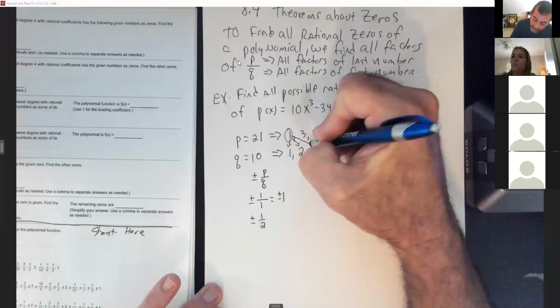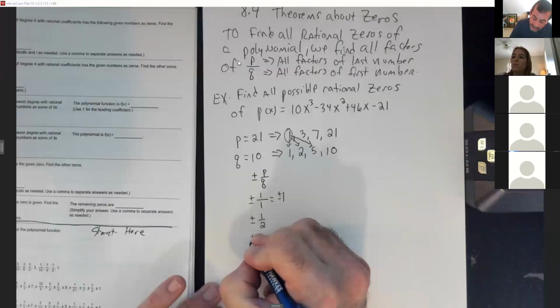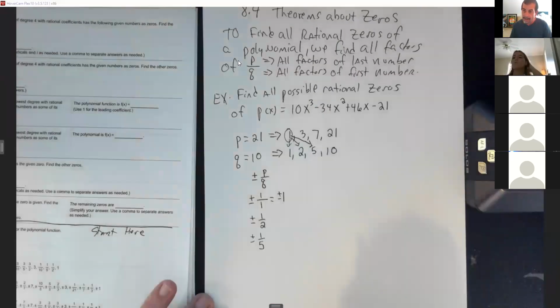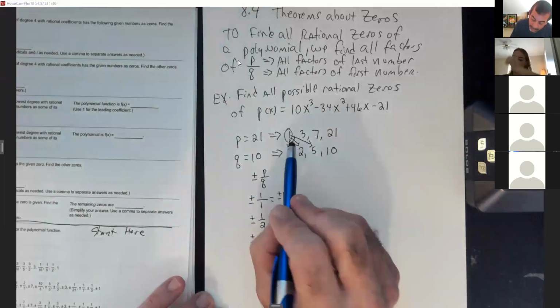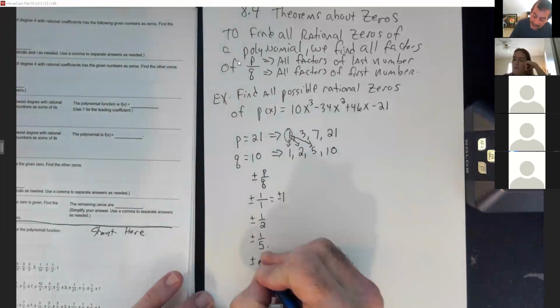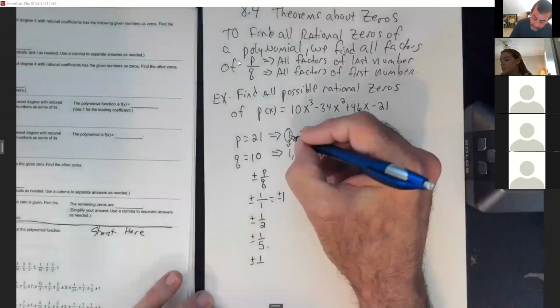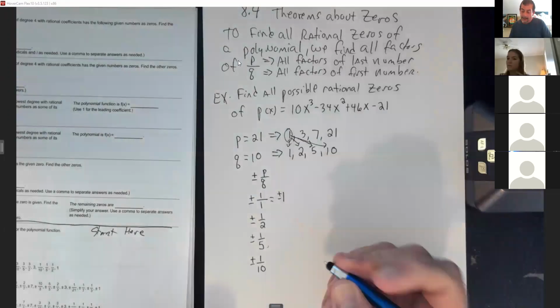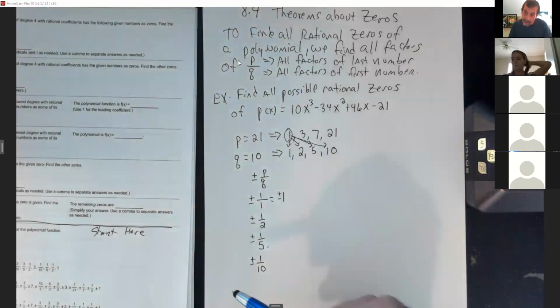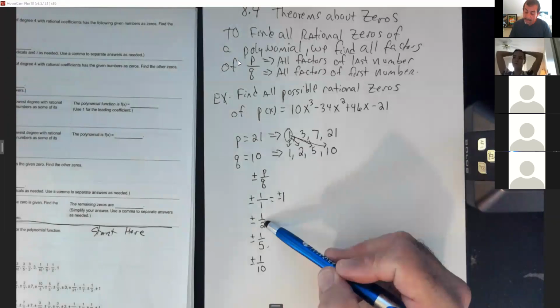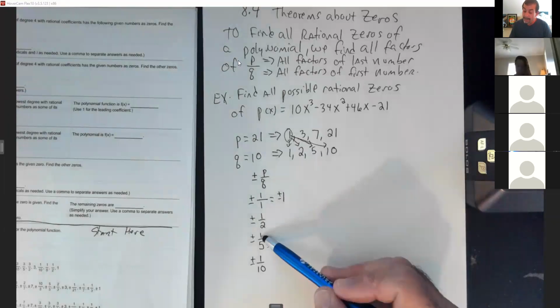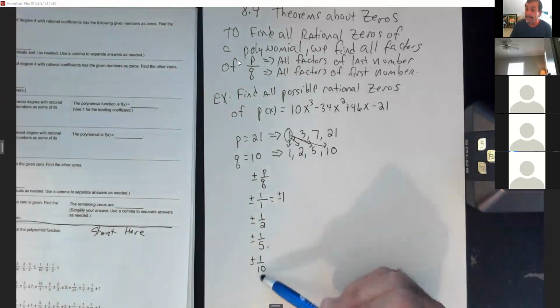So I got plus or minus 1 divided by 5. That one doesn't reduce. And then finally I take that plus or minus 1 and divide by the 10. All right, so that doesn't reduce. So at the moment I got plus or minus 1, plus or minus 1/2, plus or minus 1/5, and plus or minus 1/10 that are possible zeros.